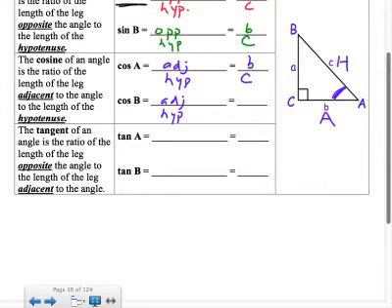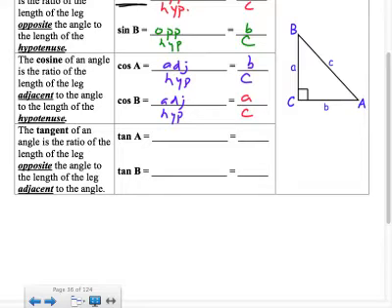If I'm looking with respect to angle B, now your adjacent side is here, and so it would be a over c. It's all about perspective. As we go through our notes, one person might use one angle, which would force a certain trig ratio, while someone else might use another that would force a different trig ratio. But in the end, you end up with the same result anyway.